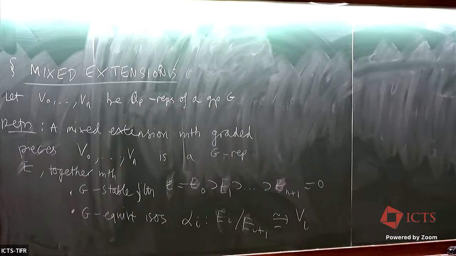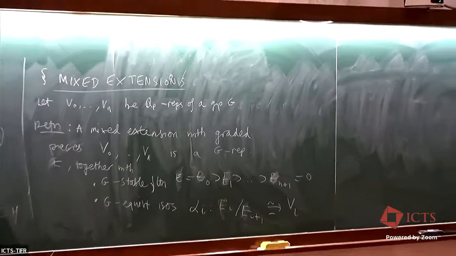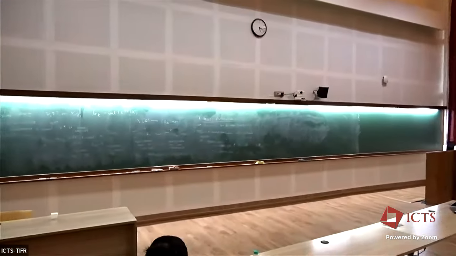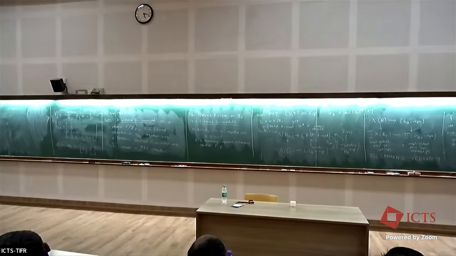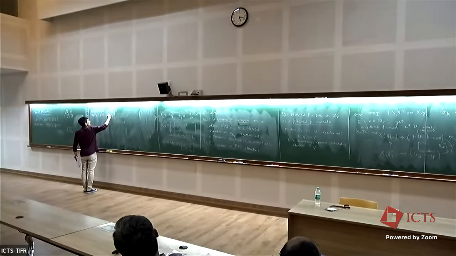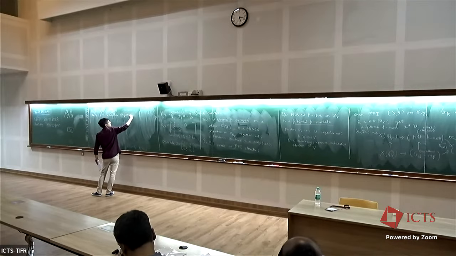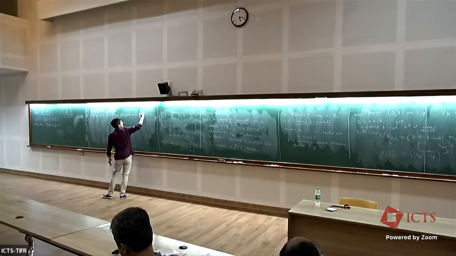So I'll give a few examples. First of all, concretely, if E is a mixed extension with graded pieces, I'll just write them compactly like this, V_i.